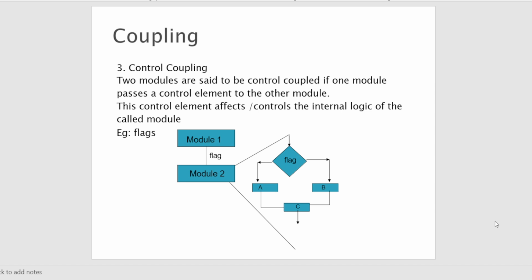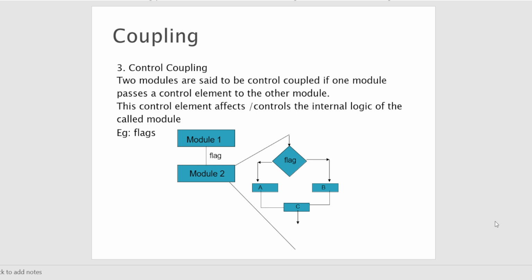Control coupling, on the other hand, is a coupling in which two modules are coupled based on logic, a flag, or a control parameter. Likewise, if module 1 gives a flag or control input, if the flag is 1 it goes to A, and if the flag is 0 it goes to B. For example, to check whether a number is prime or not, I pass this number to a function.